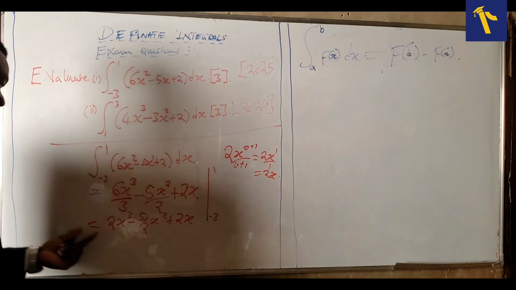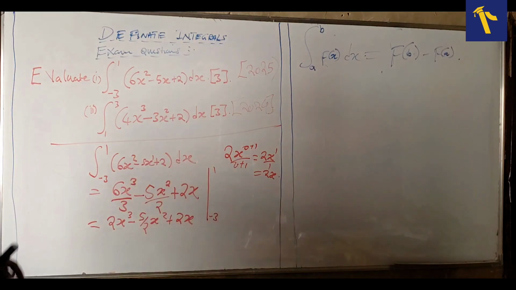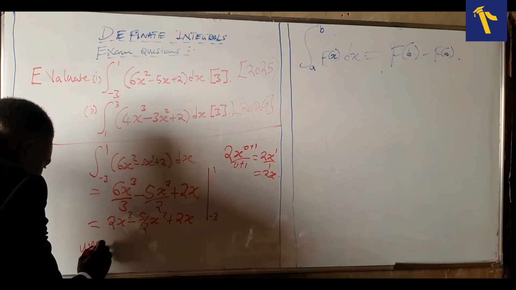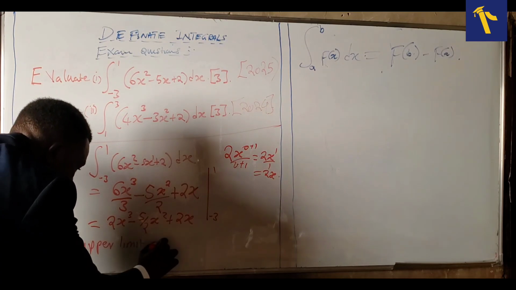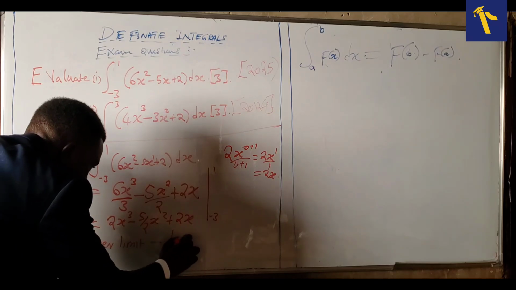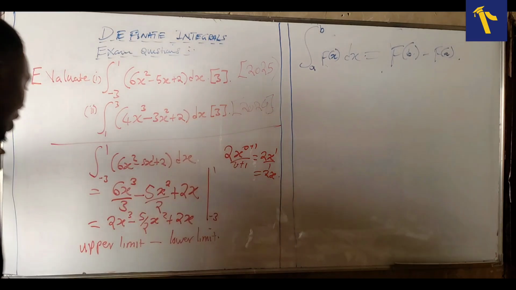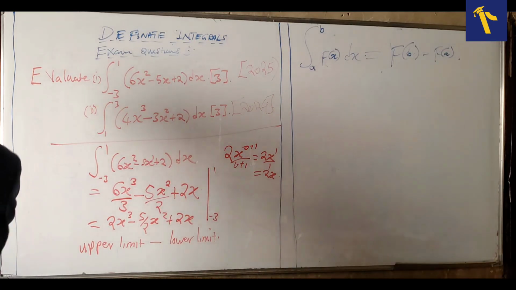Once I reach this part, since I've got the limits, I'm going to apply the formula: upper limit minus lower limit. So what does this mean?